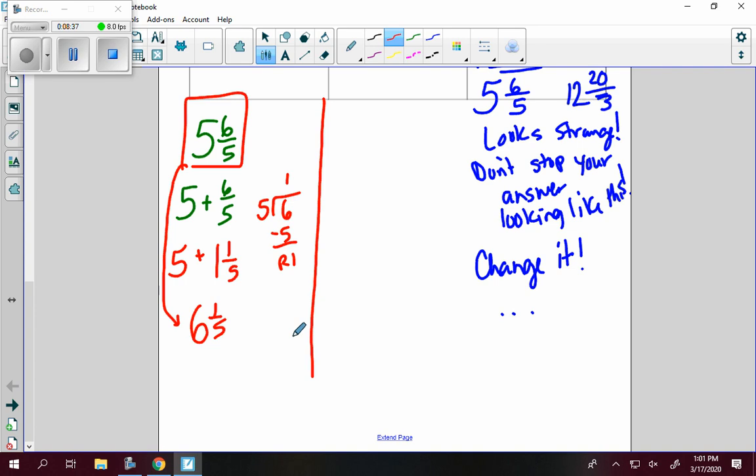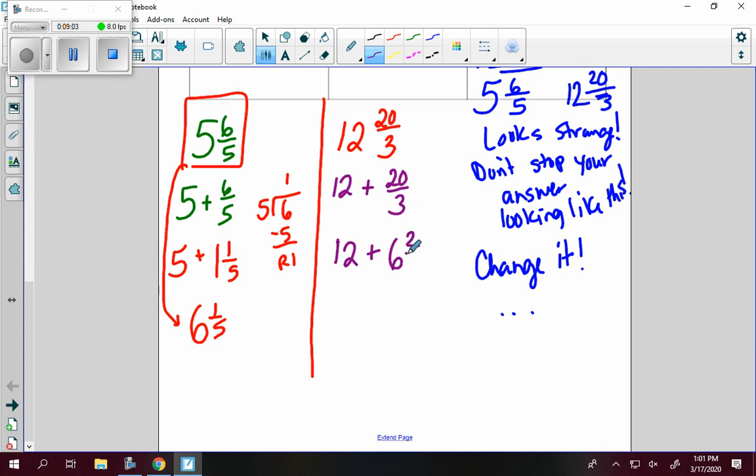So you try the 12 20 over 3. Pause the video, try it, and come back and see if you did it correctly. So here I have 12 plus 20 over 3. So 3 goes into 20 six whole times, which is 18.